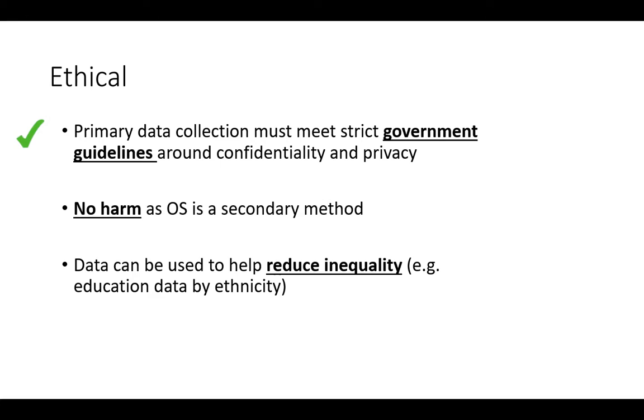You can also take official statistics and use them to help reduce inequality. So I gave a good example there of Black Caribbean boys versus Black Caribbean girls. Now there's a big difference in their attainment. Black Caribbean girls do much better than Black Caribbean boys. And if you know that, you can then start to think, right, well actually our intervention here is not for Black Caribbean students. Our intervention may just be for Black Caribbean boys.